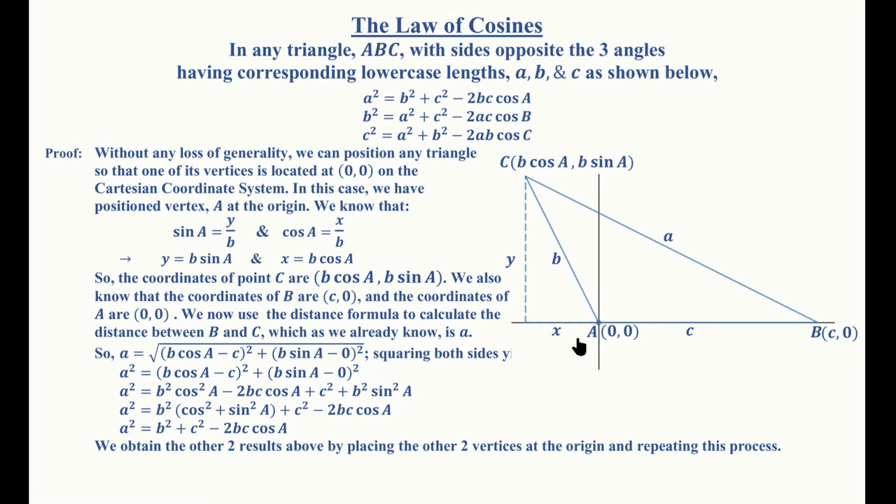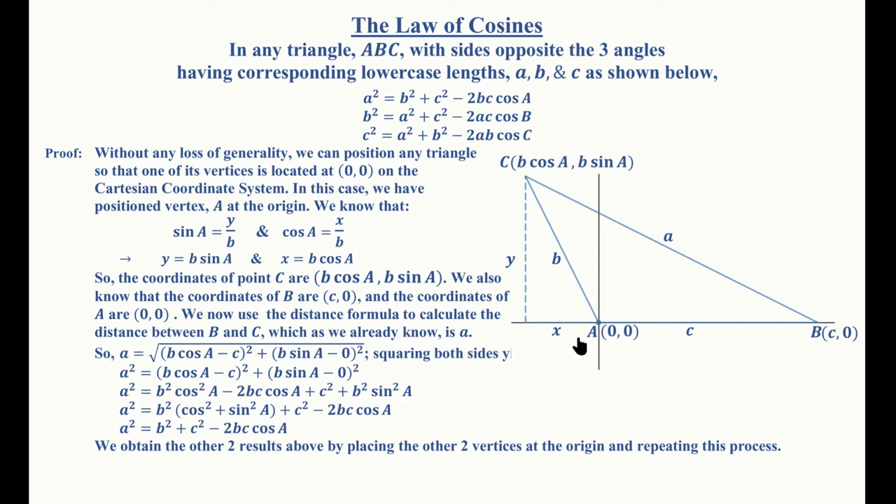Remember, this is before we even got into the notion of unit circles, how we define these values for sine and cosine. These were sines and cosines of angles, not necessarily real numbers, such as is the case on the unit circle.